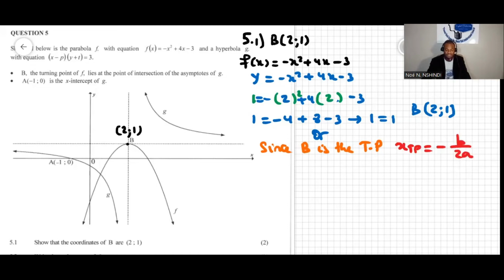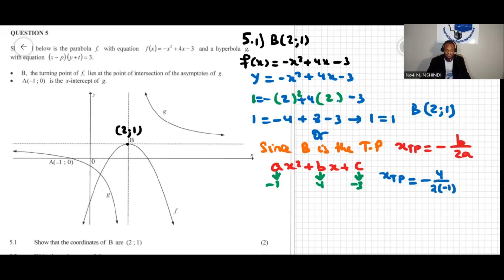Because we have a quadratic equation of the form ax squared plus bx plus c, in this situation we can see that a has the value of negative 1, b has the value of 4, and c has the value of negative 3. Then x of TP will be equal to minus b, which is minus 4, over 2a, and a is negative 1.